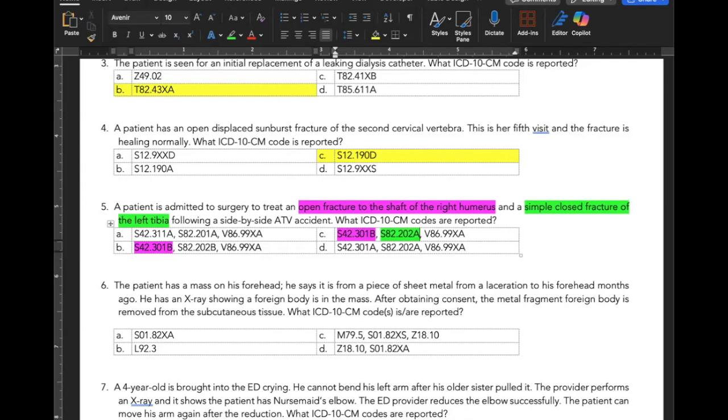So your external cause index, not the regular index. I'm after your table of drugs and chemicals. I'm on the external causes index. Okay. So then you'll go main term accident, and then transport is the first indentation.